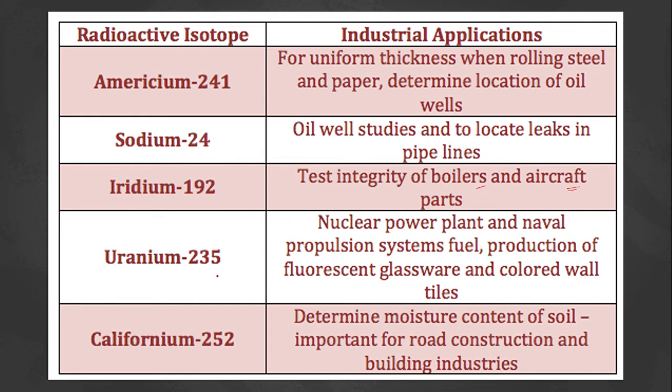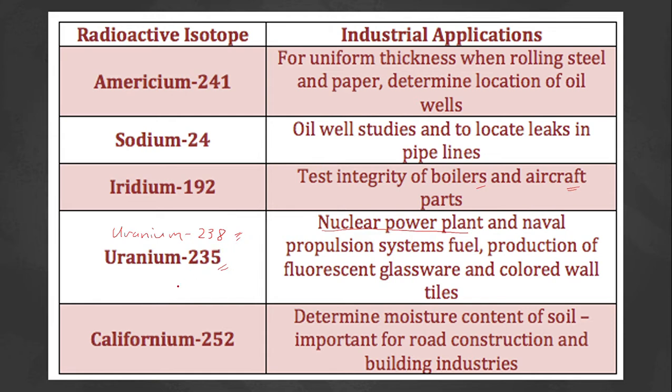Okay, isa sa mga pinakagamit na gamit din sa industrial applications, particularly sa nuclear power plants, ay ang uranium-235. Okay? Maraming isotopes din ang uranium. Meron pa nga yung uranium-238, pero ito yung naturally occurring na radioisotope ng uranium.